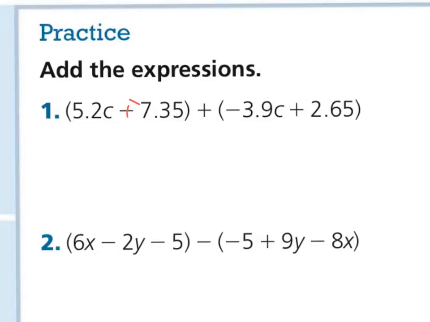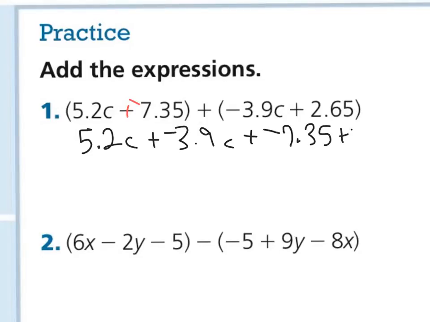If it helps you to rearrange and get your like terms next to each other, you can do that. You don't necessarily have to. So in other words, if you wanted to get the C's next to each other here, and then get the constants next to each other and then work it out, you can. If you don't want to, if you just want to hunt to find those like terms and then combine them, that's fine also.